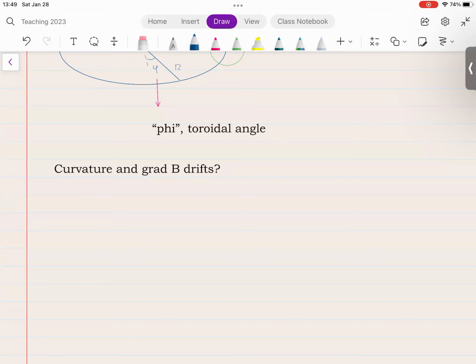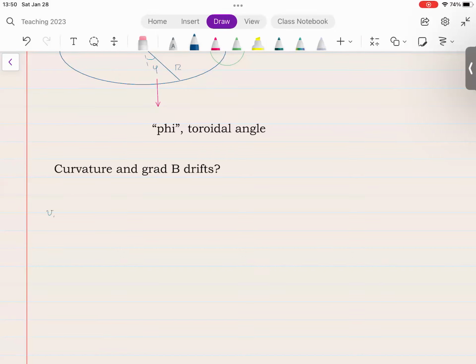And I want to calculate the drifts, if any, for a single particle that I'm trying to confine. So as usual, I'm going to neglect the current that's carried by my single particle and therefore my magnetic field is the vacuum field. I'm not going to touch it.